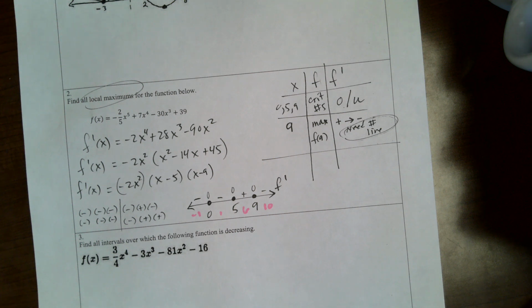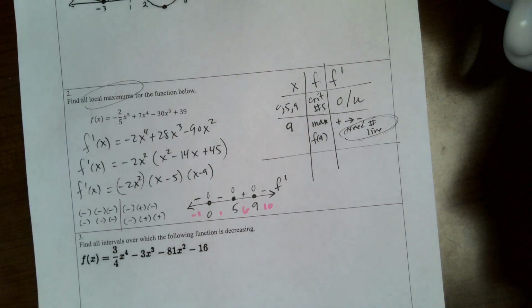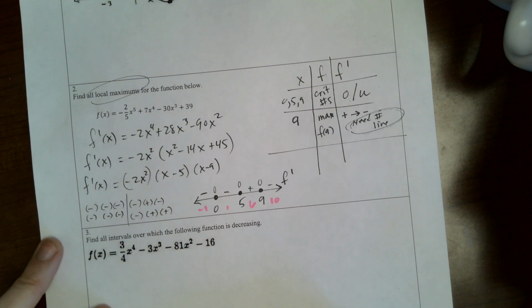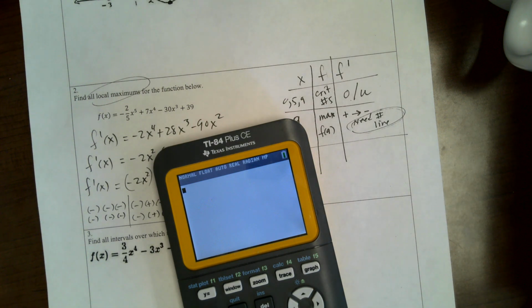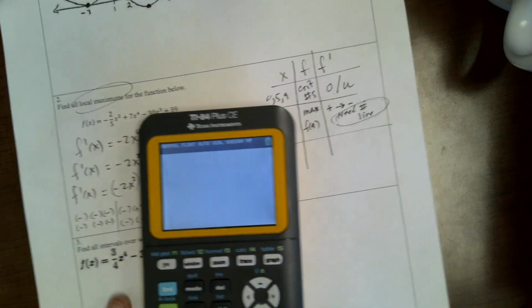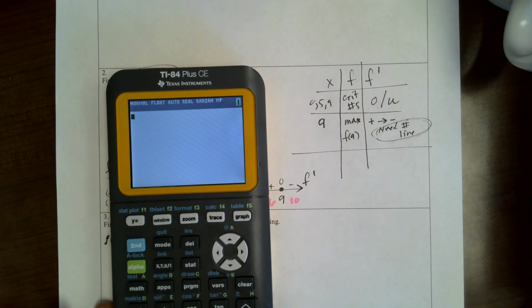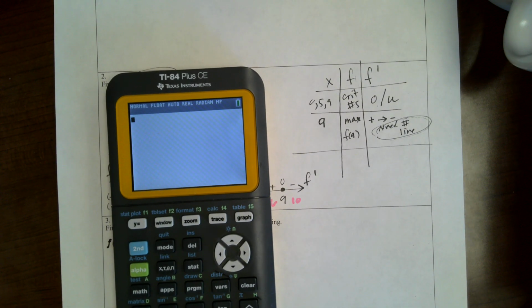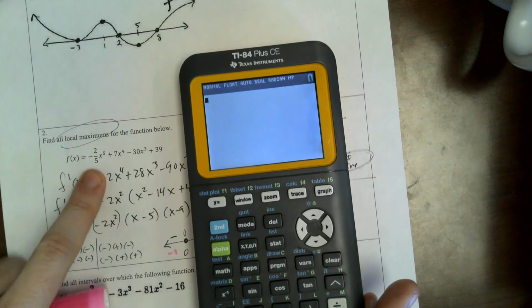Wow, that's a big number. Find all local maximums. All right, so I'm going to have to use a calculator here. Plugging in 9. If they asked at which x value does the local max occur, then we would be done. Oh, guys, this will be easy. Let me use the table.